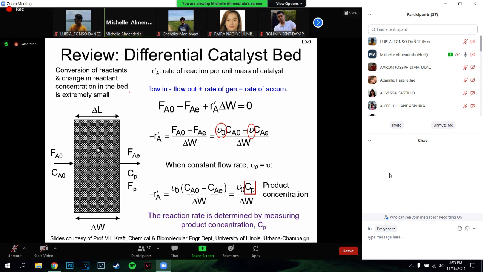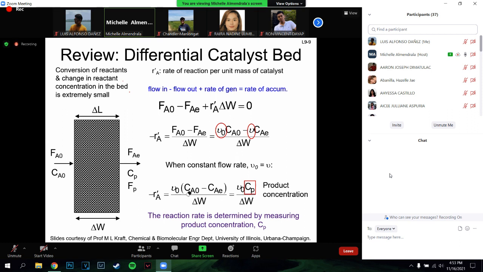The catalysts are packed in the reactor, usually similar to the design of a plug flow reactor. So you have your feed in, feed out, and then the delta W will be the weight of the catalyst per unit volume of the reactor, and C sub P is the product concentration.